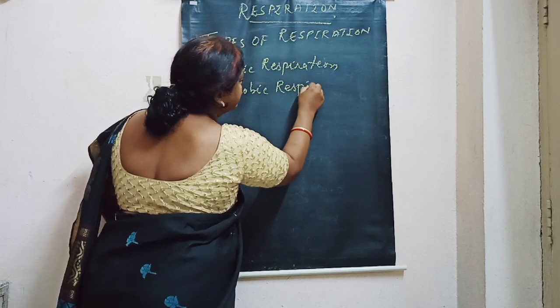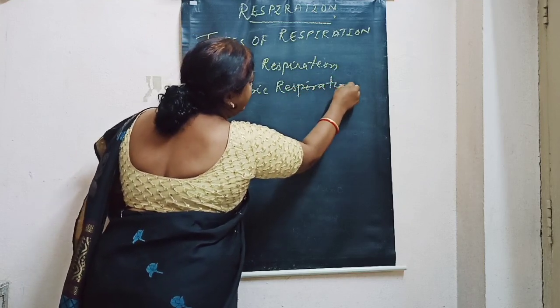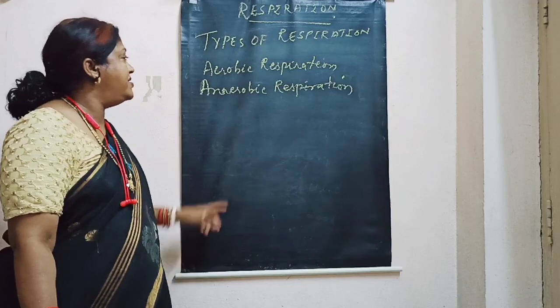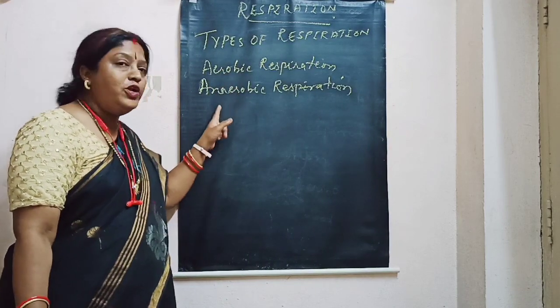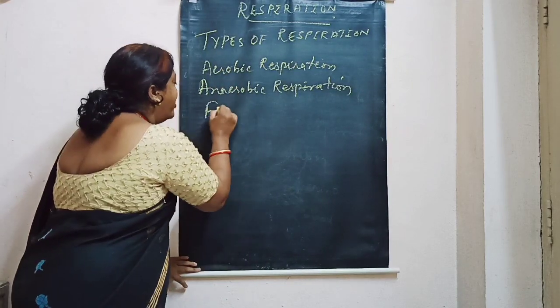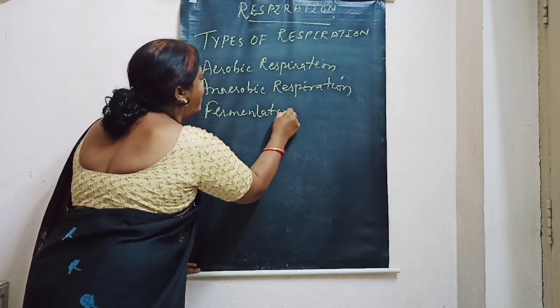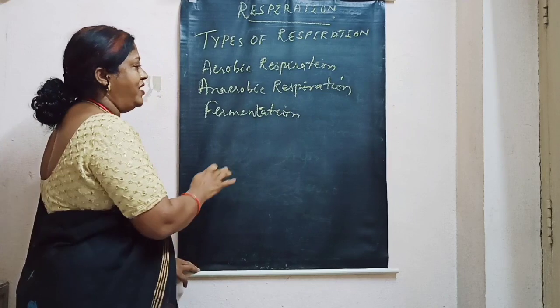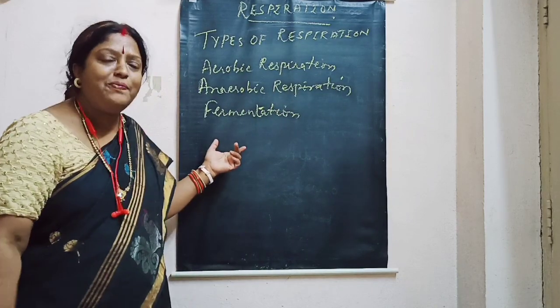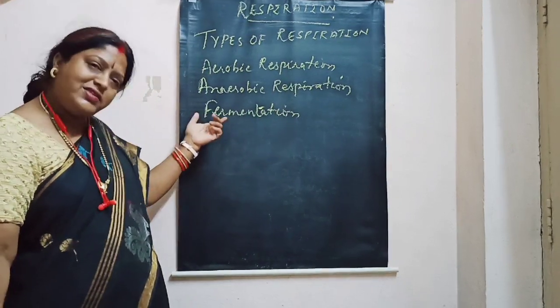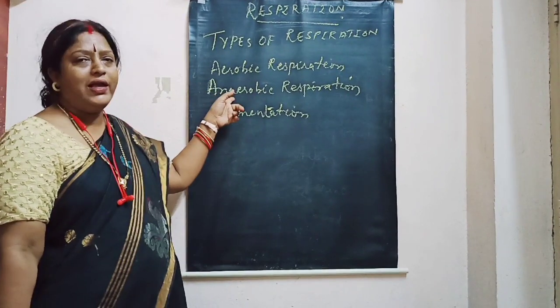In some books, children, they will be giving three types of respiration, that is aerobic respiration, anaerobic respiration and fermentation. Fermentation is also a type of anaerobic respiration, but we always read it with a separate side heading.